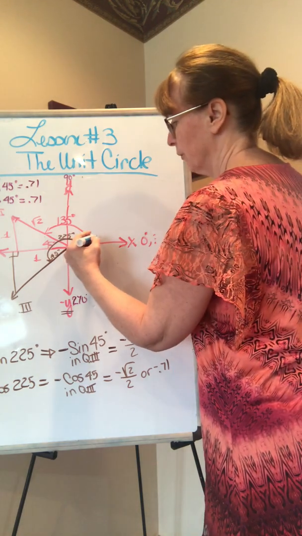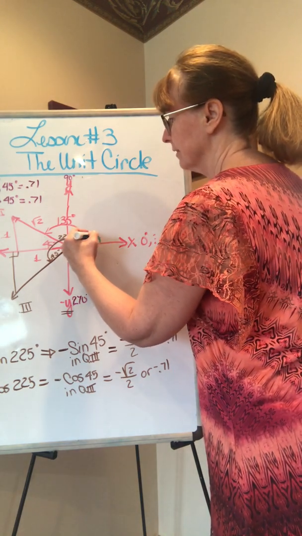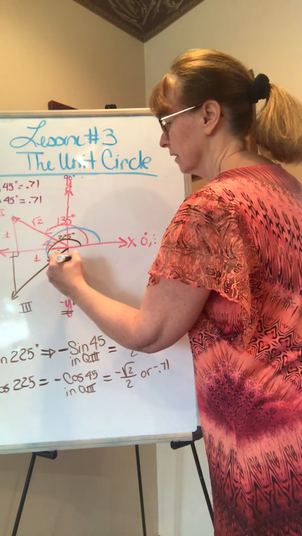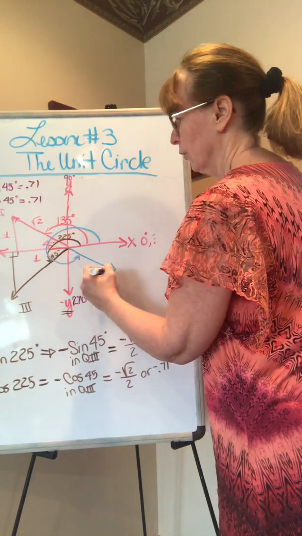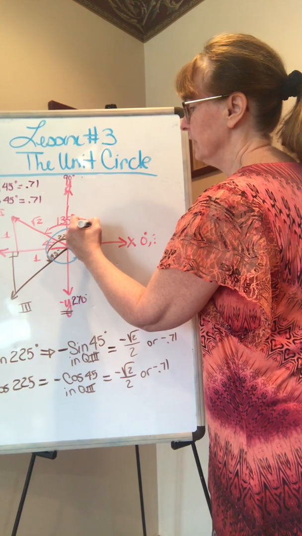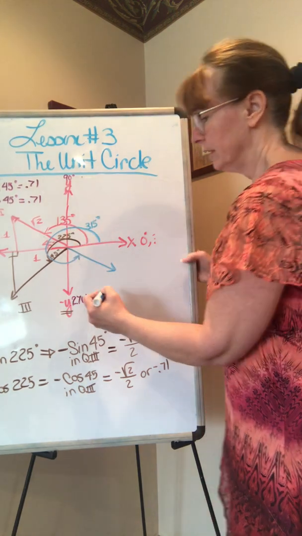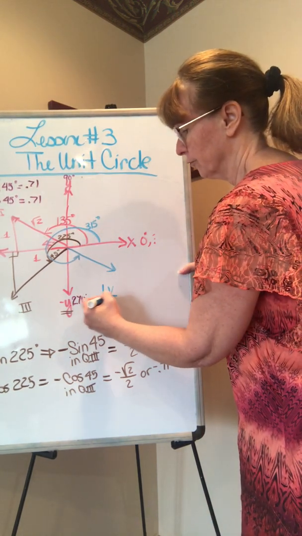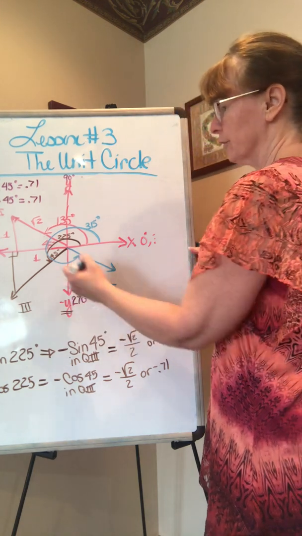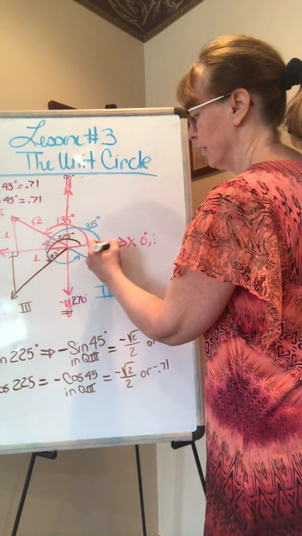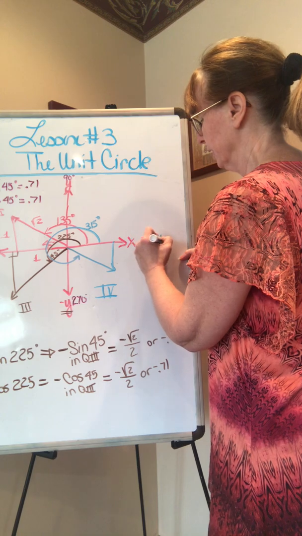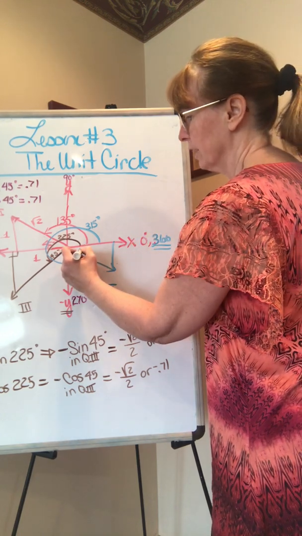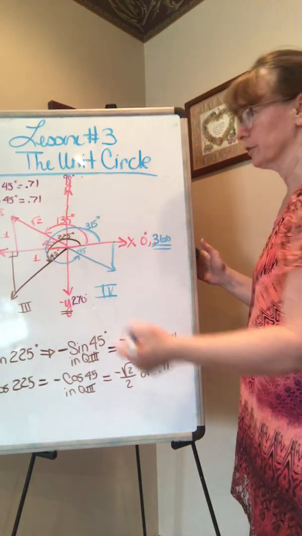So now if I were to draw this angle, which is 315 degrees, 315 degrees terminates in quadrant 4. And 315 degrees gives me a reference to my 360 as a 45-degree angle in quadrant 4.